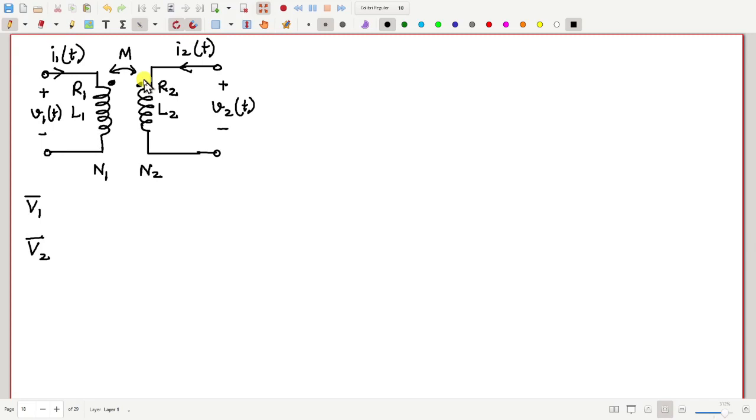Now what will be the expression of voltage V1? What can we write? V1 will be equal to I1 R1, that's the voltage drop due to the coil resistance, plus I1 multiplied by j omega L1, that is due to the self-inductance, but this is not complete.